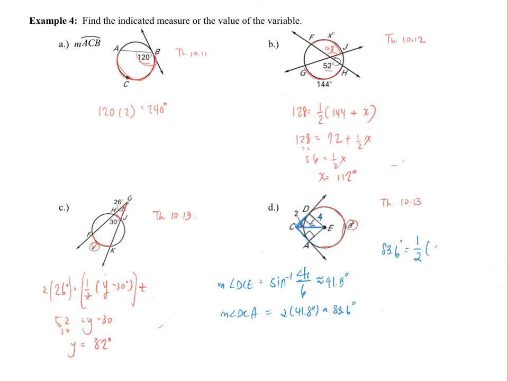Half A minus, and we could let this arc represent 360 degrees, subtract A. So simplify. So A would be approximately 263.6 degrees.